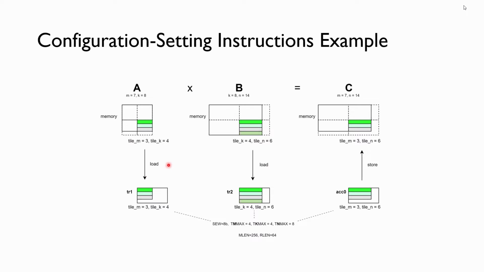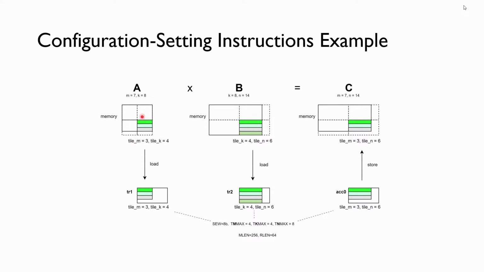Okay, let's look at this example. In this example, the mlen is 256 and rlen is 64. So the TM max is 4 and TN max is 8 under 8 bit SEW.